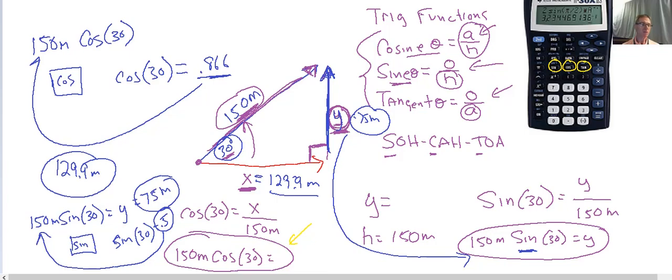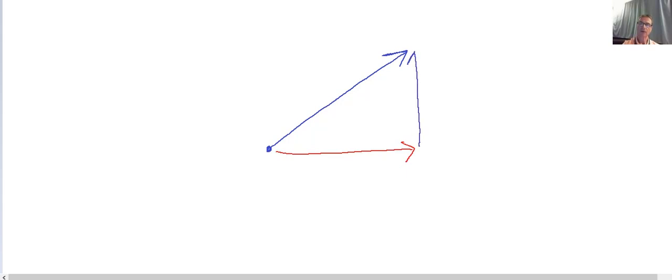Okay, so let's try another example. Let's say I have a vector here, and I need to turn this again into an x and a y component. This would be y, this would be x.